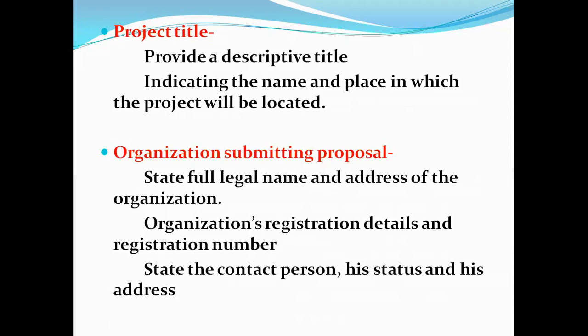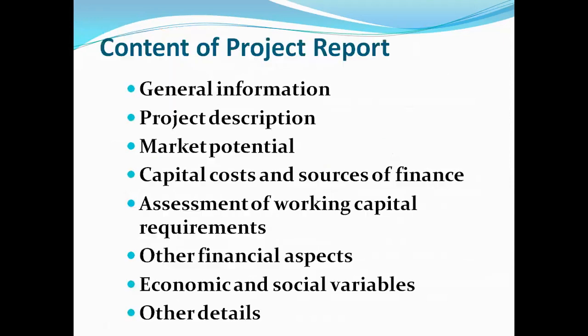Then the organization submitting the proposal: state the full legal name and address of the organization, the registration details and number, then the contact person, status, and address, everything they need.